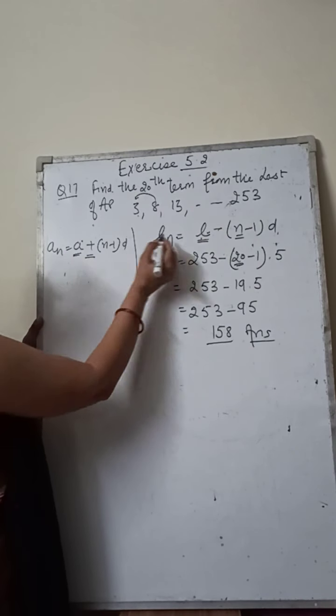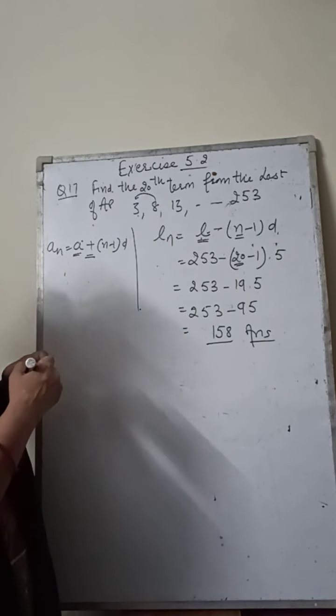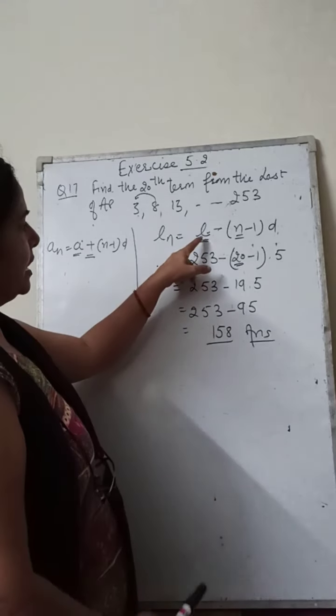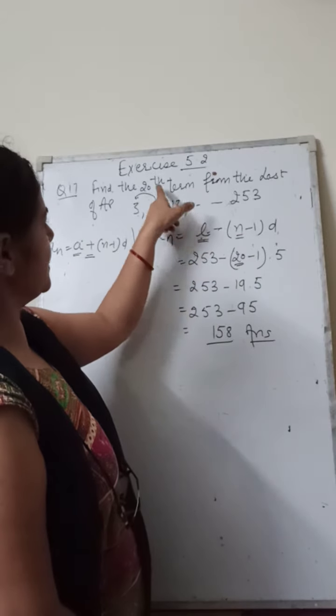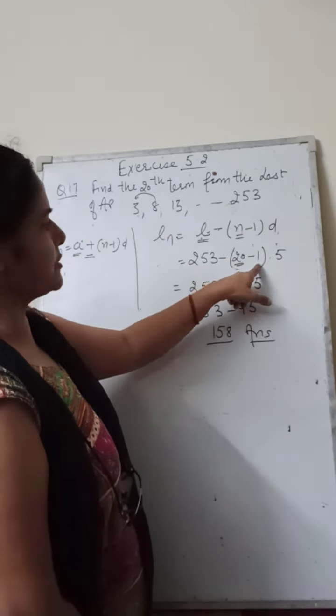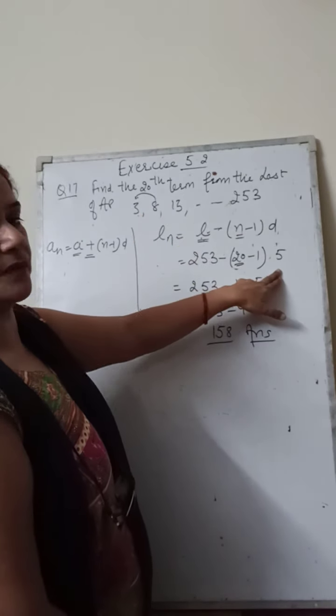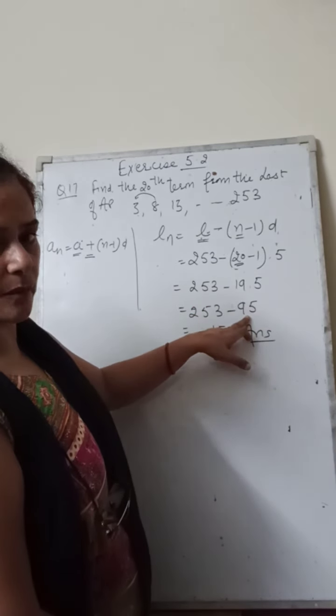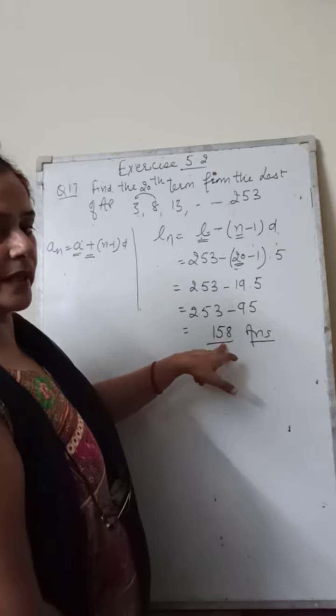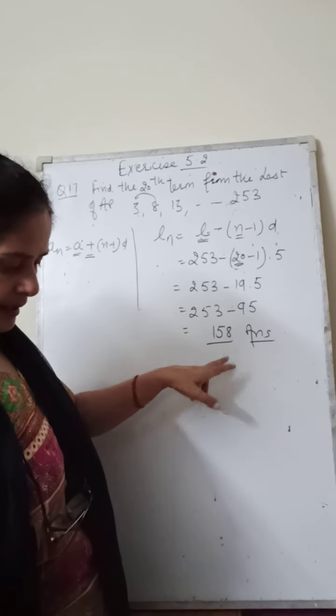There we write first term, here we will write last term. This is the difference. Clear? L, the last term, is 253, minus n is 20 given, minus 1 and D is 5. 253 minus 19 into 5, 95 comes out to be. Subtract, you will be getting the answer. Clear?